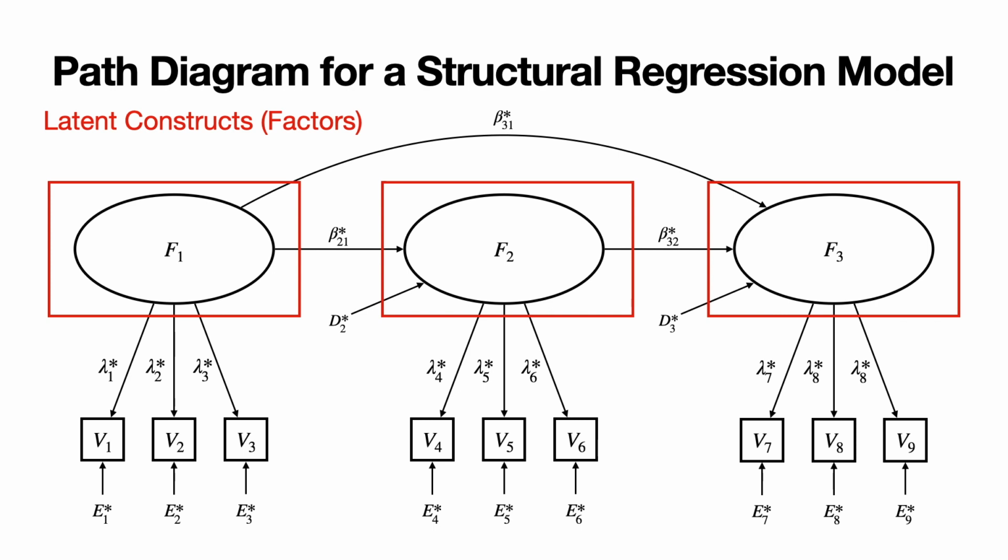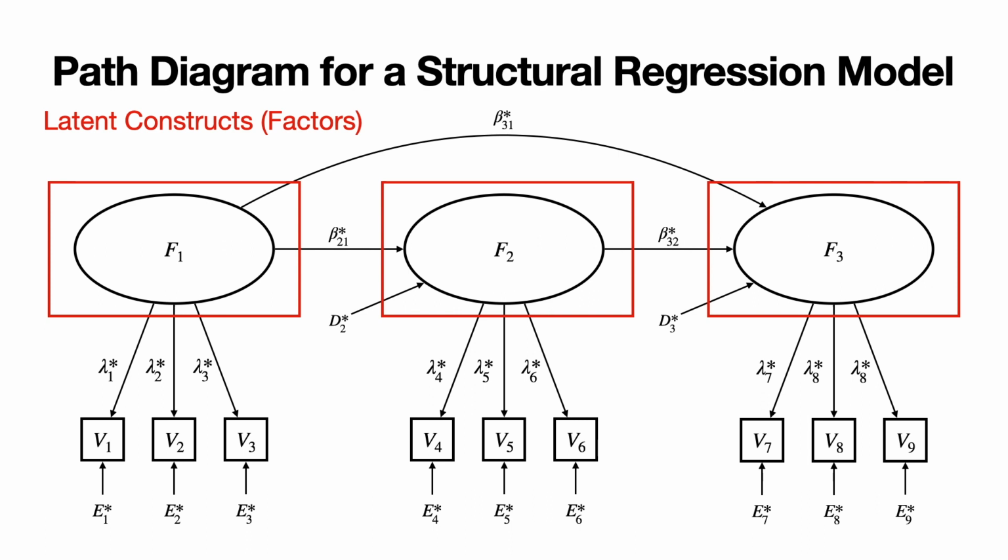First, because there are one-way arrows emanating from F1 to both F2 and F3, this is telling us that F1 is allowed to impact both F2 and F3 directly via a regression type of relationship. In addition, F2 is allowed to impact F3 in a regression type of relationship because of the one-way arrow from F2 to F3.